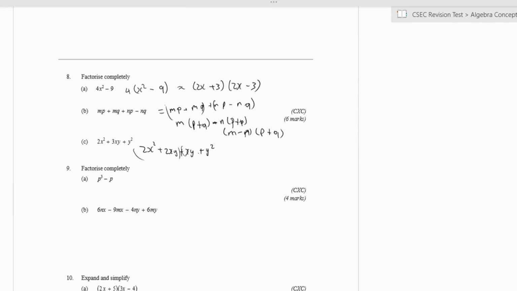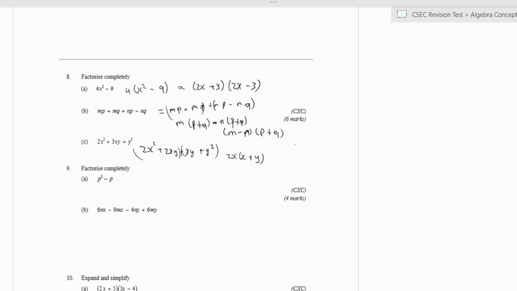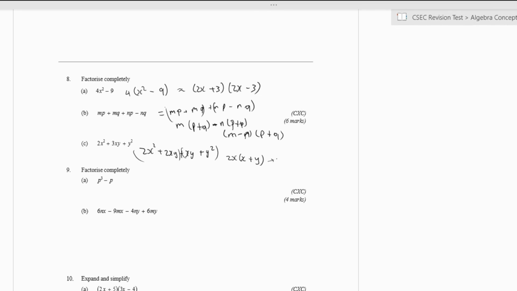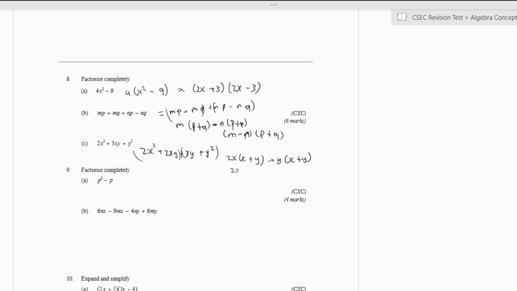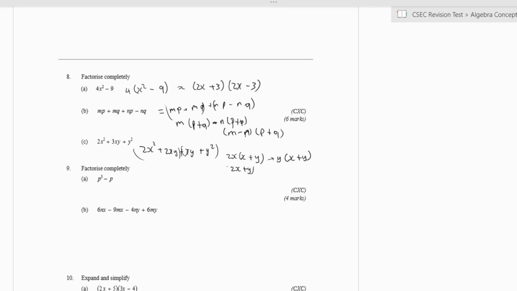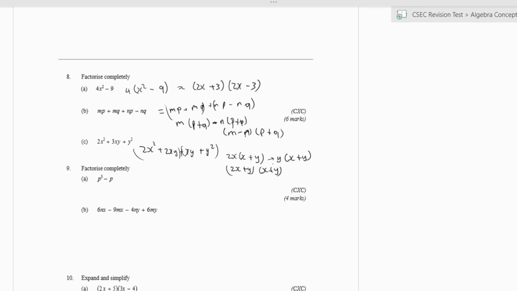What we have in common is 2x, and we have x plus y. Factor out y, and we have x plus y. So our two brackets will be 2x plus y and x plus y.